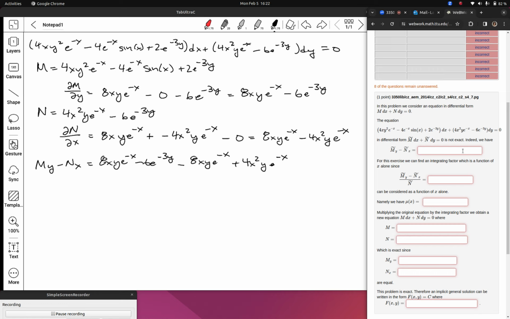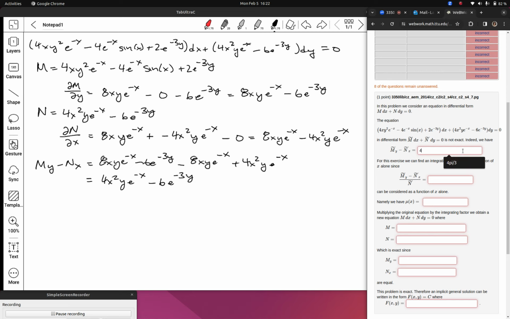Because I'm subtracting this negative term, that turns into a positive. Sometimes I see you all forget to distribute those subtractions, so just watch your signs here. And when I simplify that, those 8xy terms cancel out. So I'm just going to be left with 4x squared y e to minus x minus 6e to minus 3y.